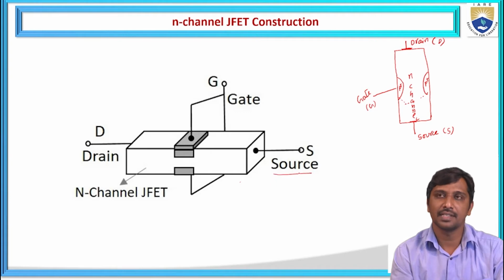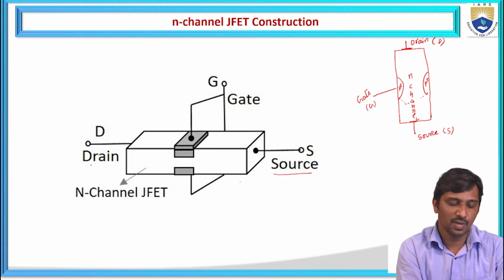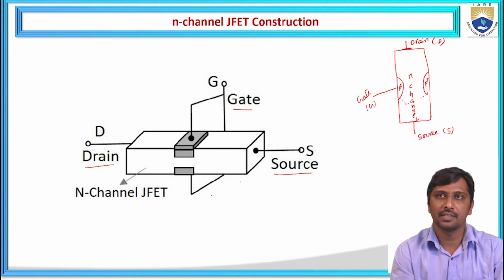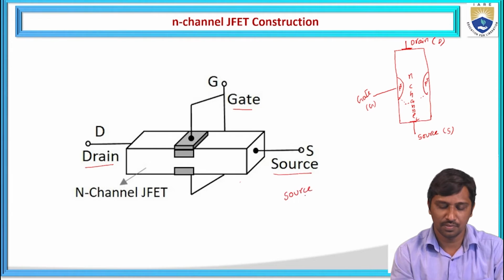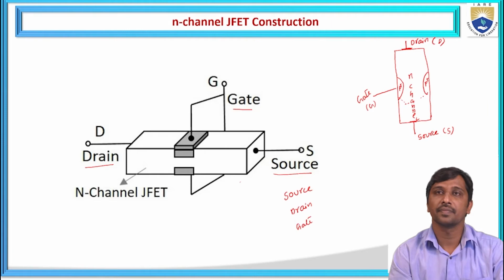One terminal is represented as the source, one terminal is represented as the drain, and one terminal is represented as the gate. Hence, we have the three terminals: source, drain, and gate.